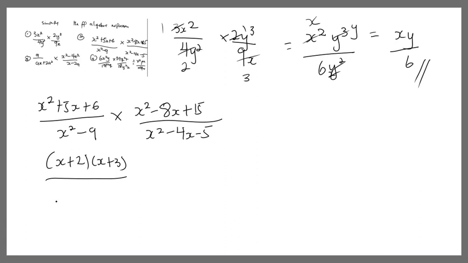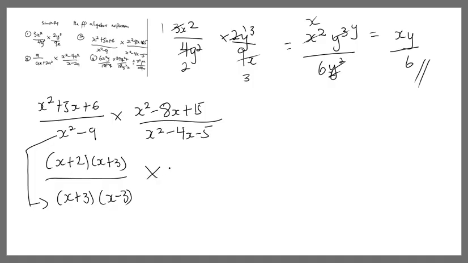So this one is definitely going to be x plus 3, x minus 3. By now you should know that this one will give you this. Difference of 2 squares.